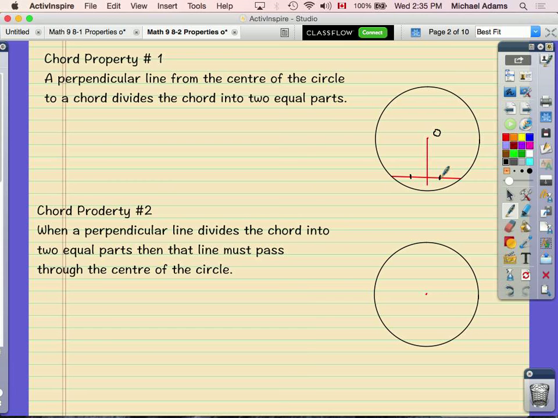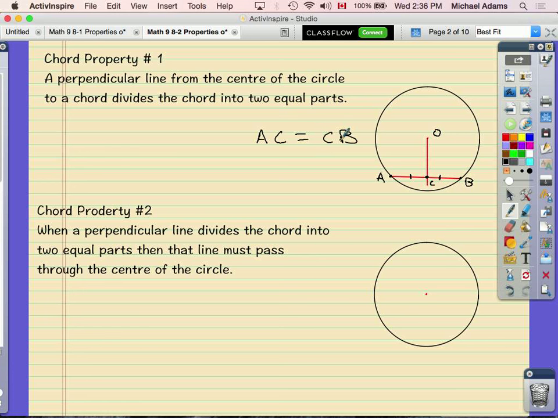So now I'll label the center point O, this point A and this point B. We'll call the point here C. So now I've got line segments AC and CB. Now this line from the center of the circle divides this chord into two equal parts. So we say that AC is equal to CB.